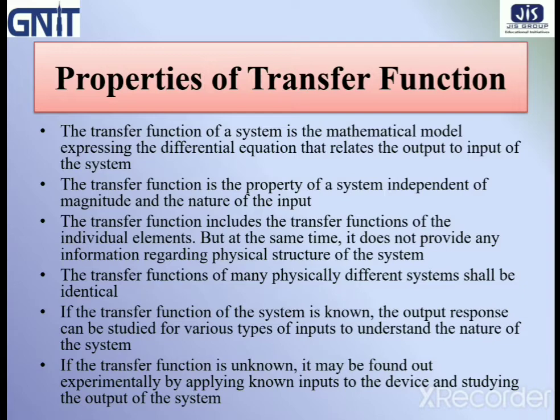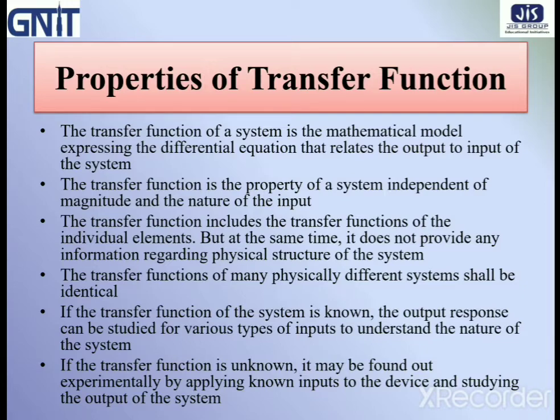If the transfer function of the system is known, the output response can be studied by varying the input. Suppose we know the transfer function of a system. Now we can see the output response by changing the input.